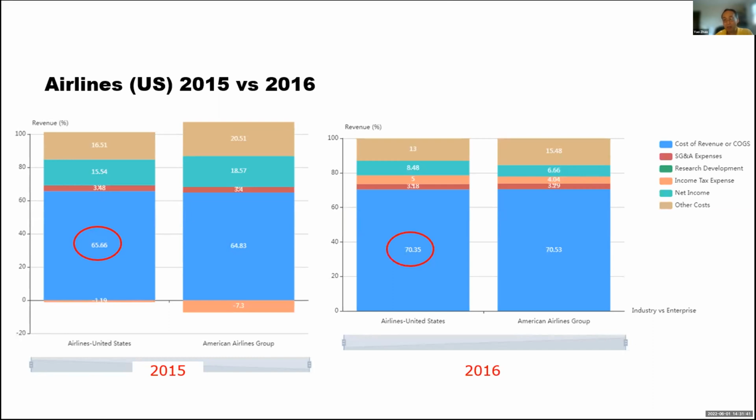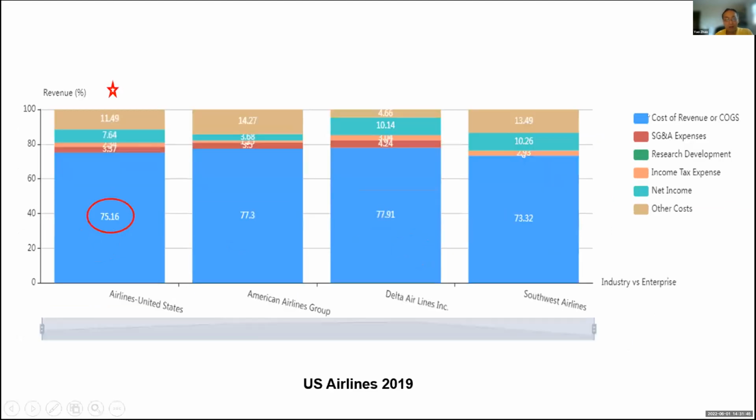In year 2019, just before the pandemic, the cost of goods sold rose to 75%, and their net margin reduced to about 7%. Okay, you can understand the pressure these companies were facing. And I didn't show you the data during the pandemic, which is bloody.